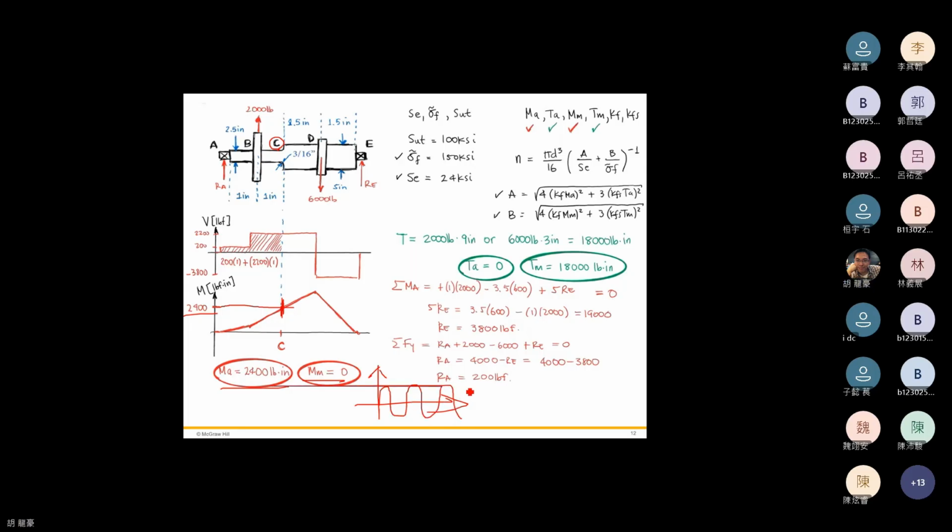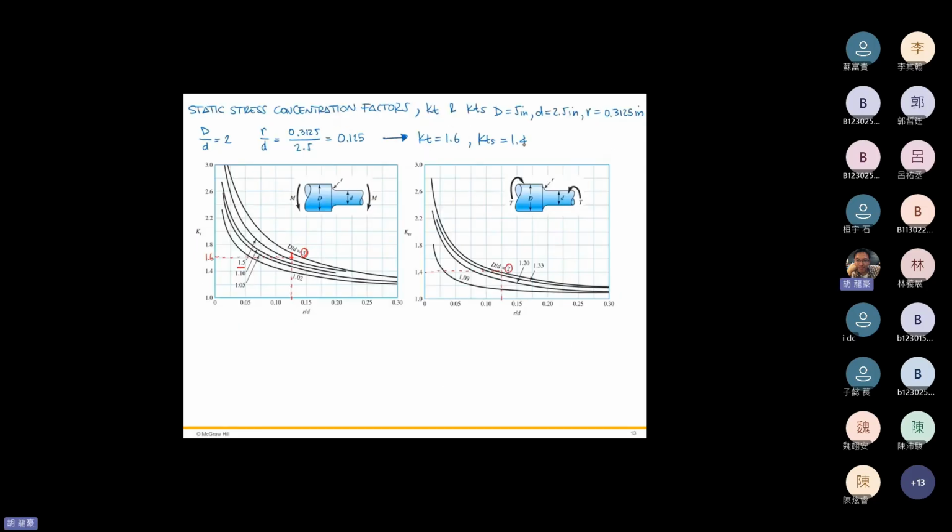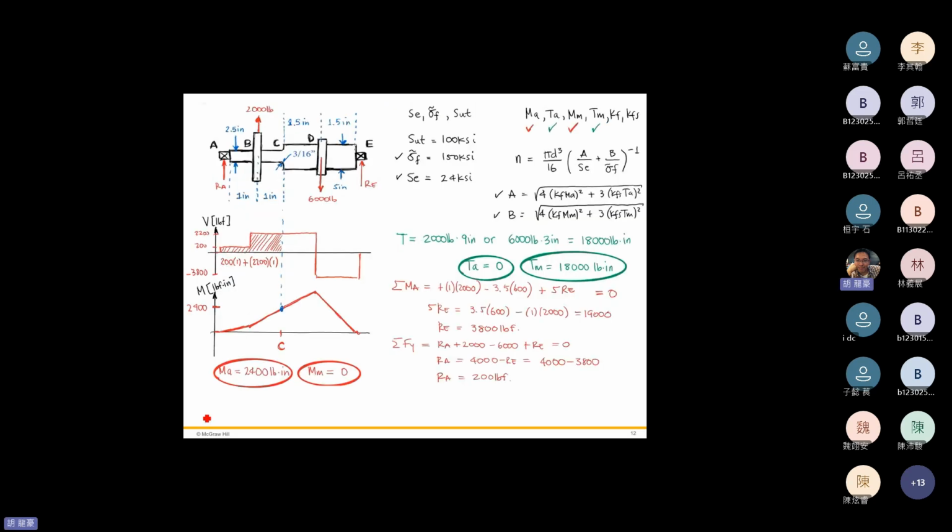Here is the alternating moment Ma. Now we can check the table or chart for this stress concentration shape, and figure out which chart we can use.